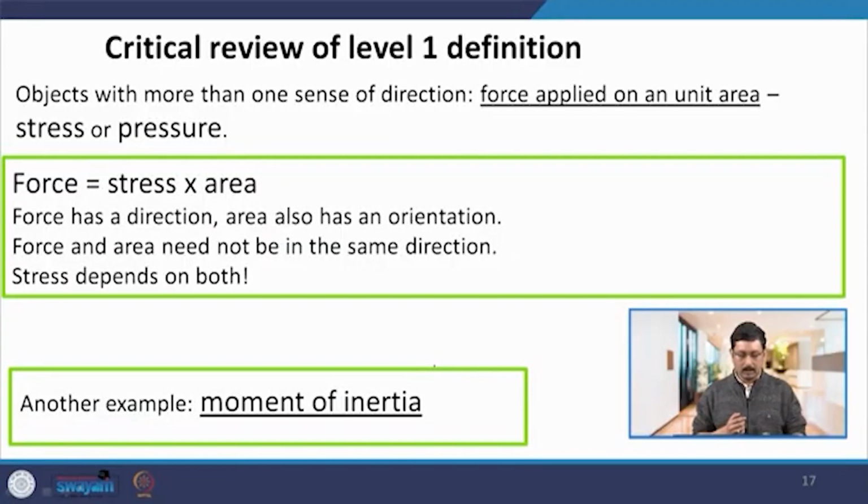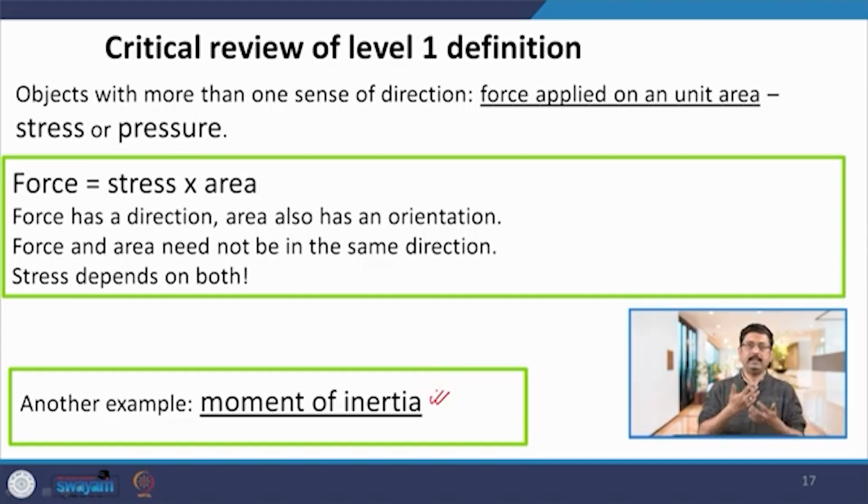More importantly, for our course, we shall come across some quantities which have more than one sense of direction. The quantity that we will be describing in great detail in this course is moment of inertia.